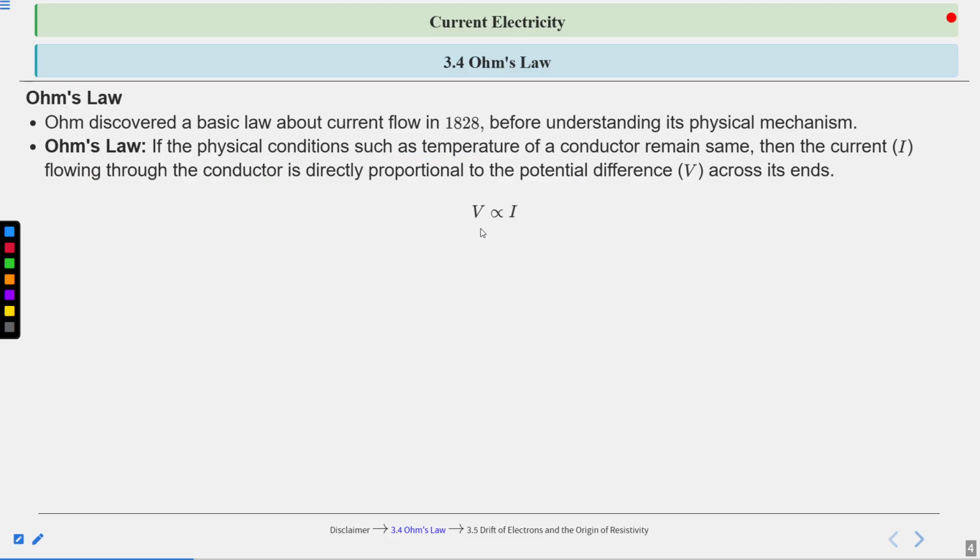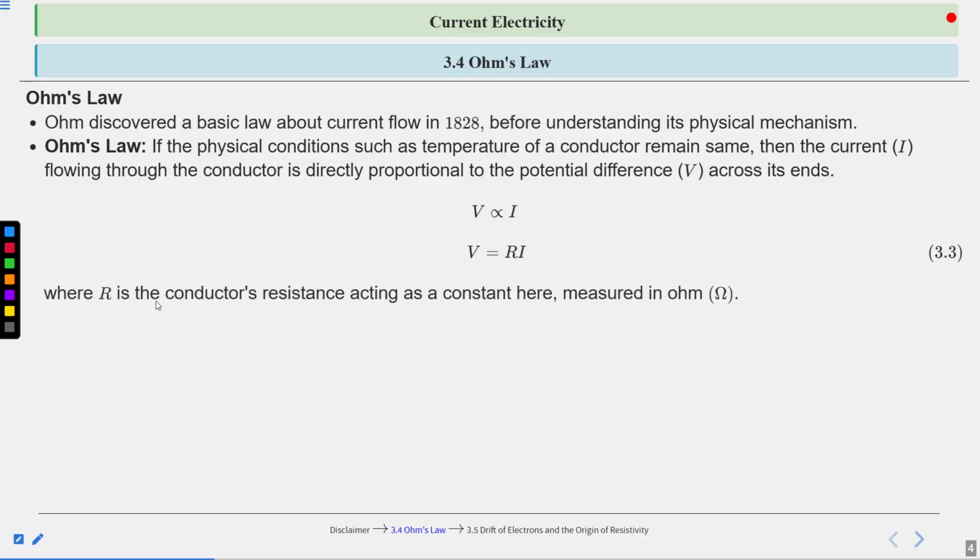Mathematically, it can be represented as: potential difference is proportional to the current through the conductor. After removing the proportionality sign, the constant of proportionality is known as the resistance of the conductor, where R is the conductor's resistance, acting as a constant here, measured in ohm.